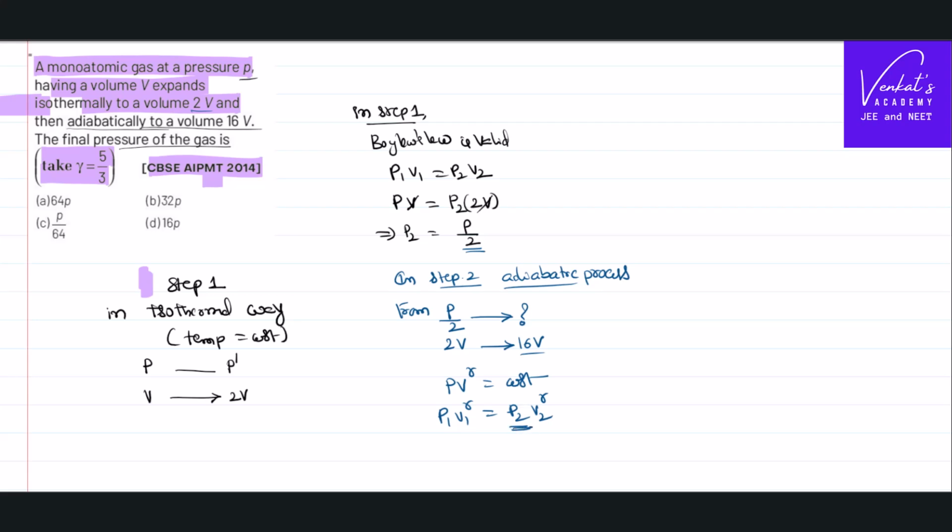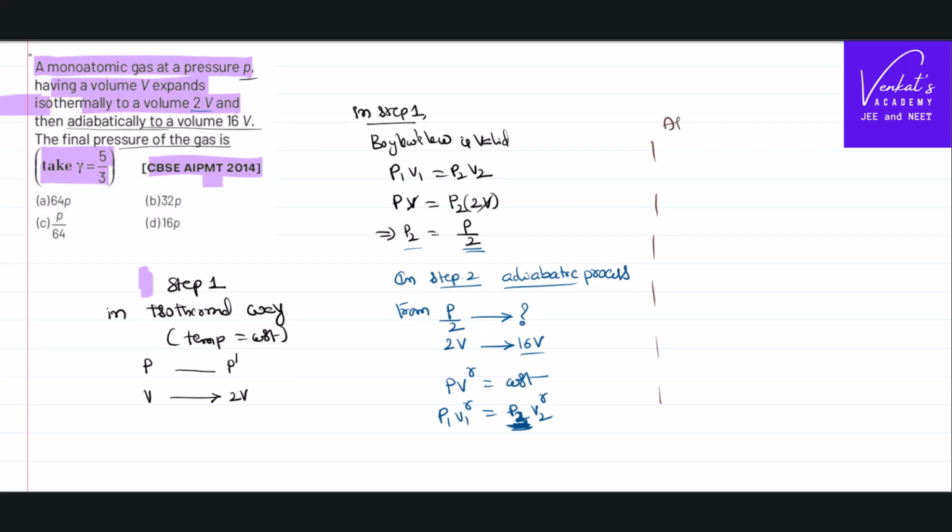We have to calculate this P2, that is the final P2 of adiabatic process, right? As already I have called this P2 in this equation, I'll call this P3. We have to calculate that P3 after the second step. So let us substitute the data and see what happens.